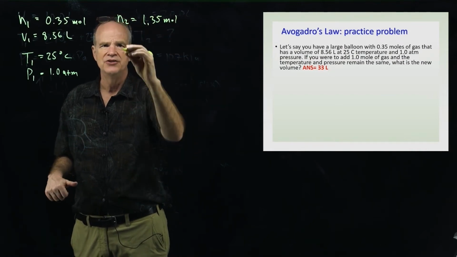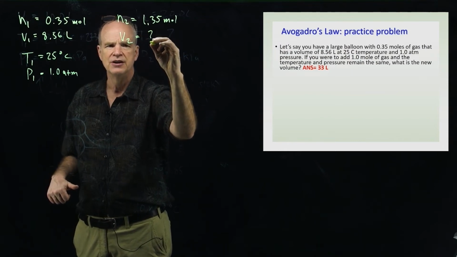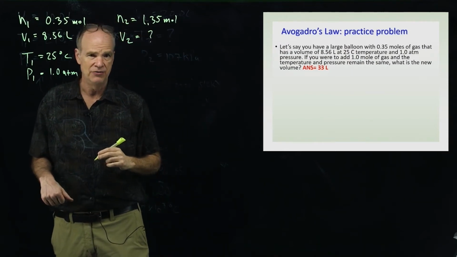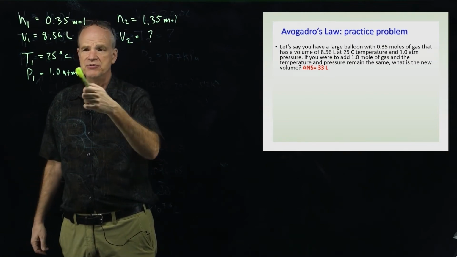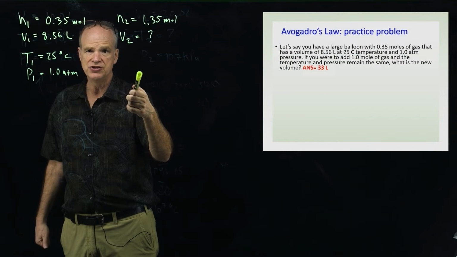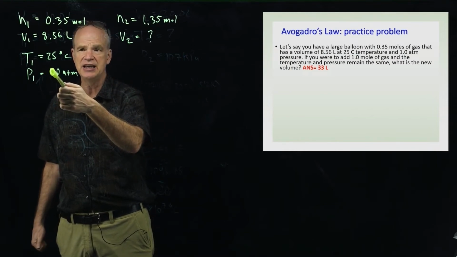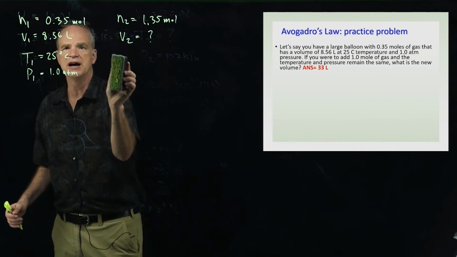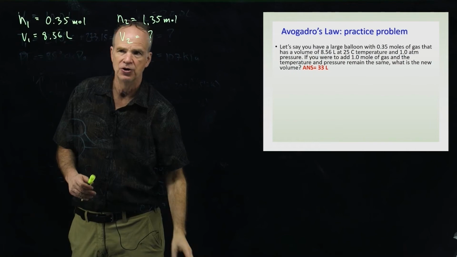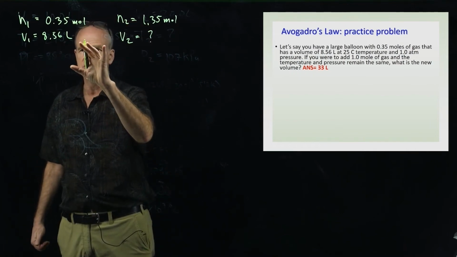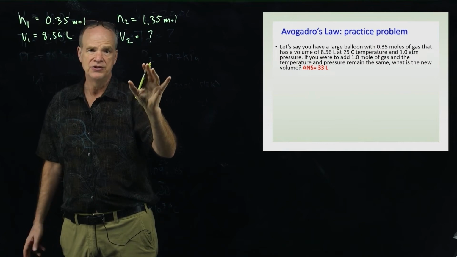What we're trying to do is find the new volume that this gas occupies after it receives another mole of gas. But the temperature and the pressure in these new conditions is the same as it was in the original conditions, so we don't have to really worry about that in the problem. We can just erase that. And if we know a relationship between moles and volume, we can figure out what the answer to the problem is.